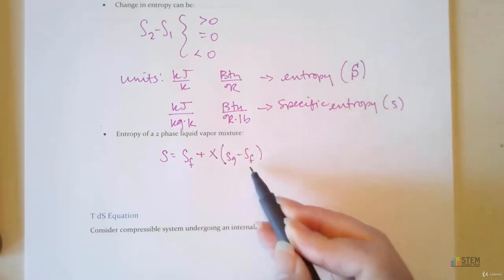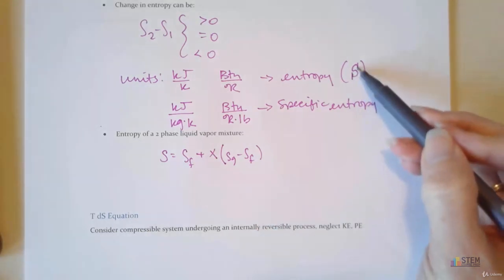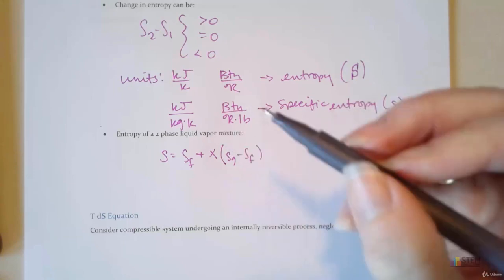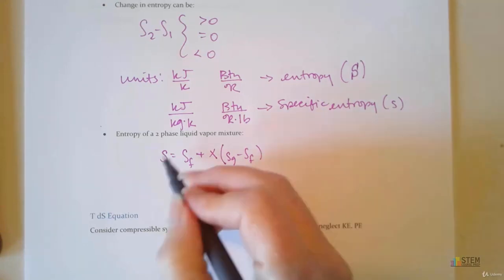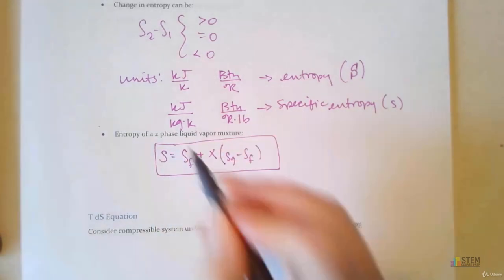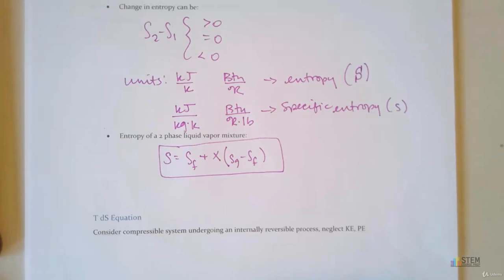And these are little s's. For the large S's, I'll try to put these bars on the end so you can tell that it's a capital S. The tables, though, are going to give you the little s, specific entropy. All right, so this is going to be another equation you want to remember. It's just like the other ones. Nothing too new there.